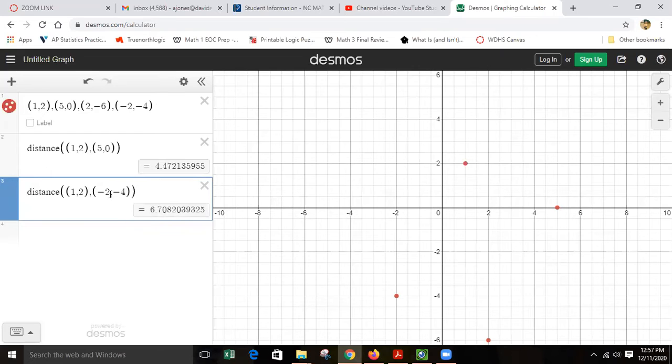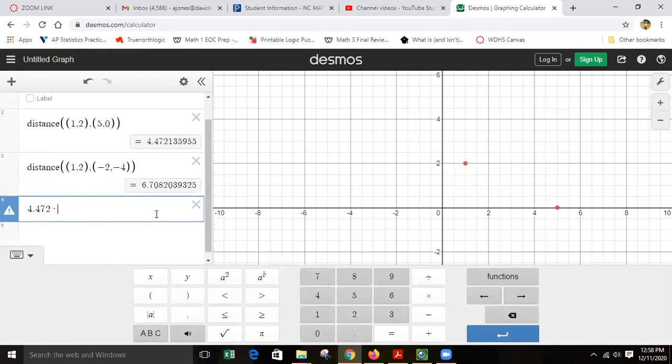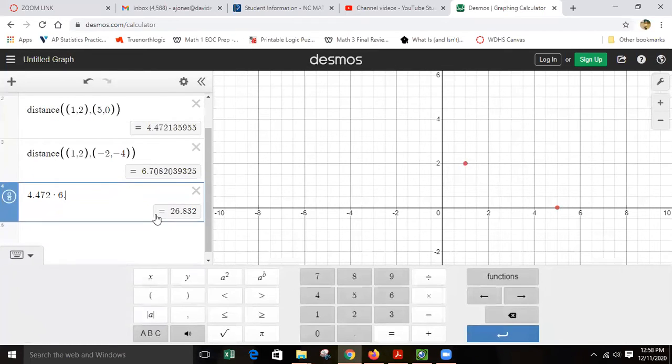And it tells me it's 6.708. 4.472 times, you guys know how to do times, Shift X, or you can go down to your functions down here and do times 6.708. And what do we get? 29.999, which rounds to 30.